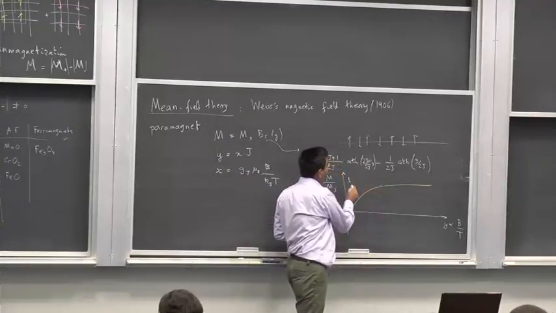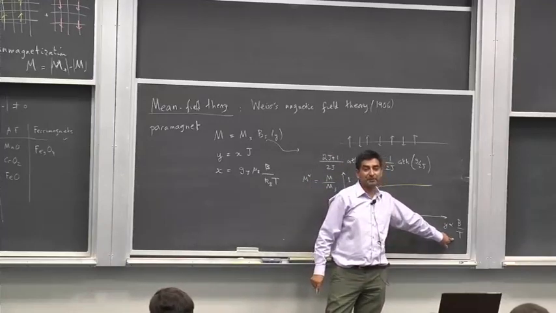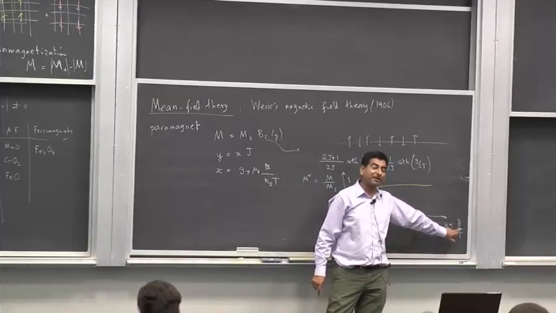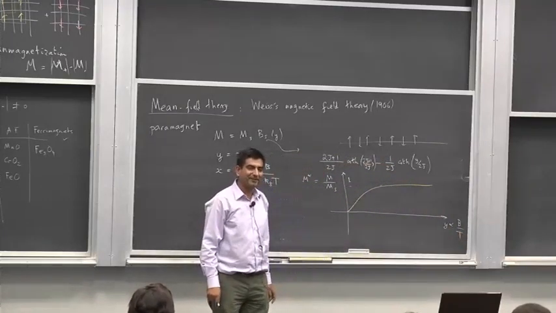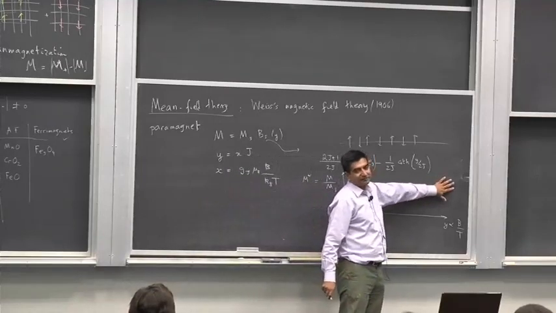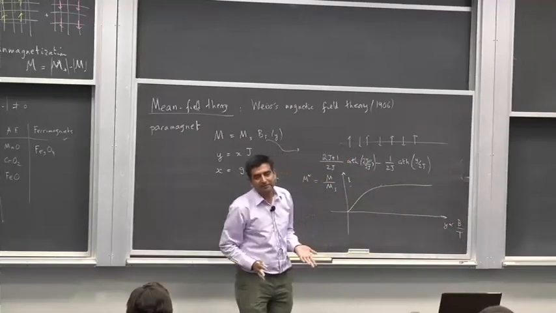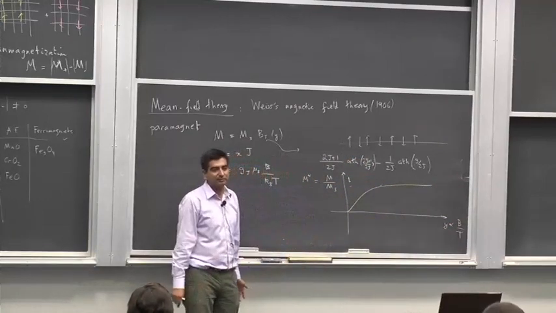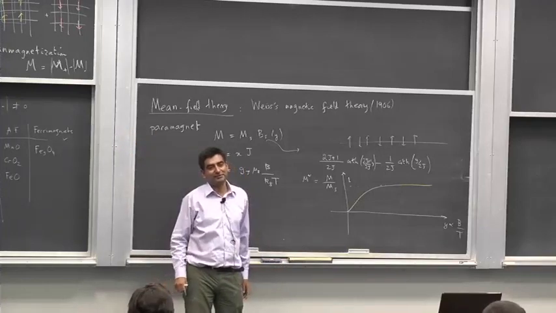I would need large values of y, which means I would really need to go to low temperatures and ultra large magnetic fields. So I need to be at this point in the graph, somewhere here, if I only had paramagnetism at my disposal.